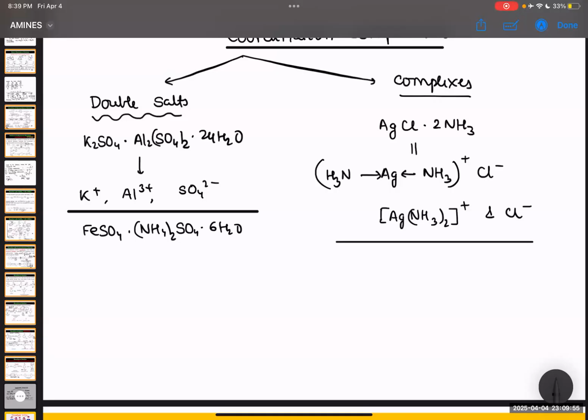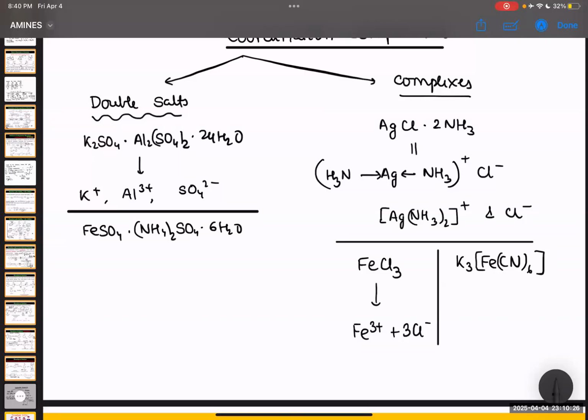For example, if you take FeCl3, FeCl3 is basically Fe3+. And if you take this, it is potassium ferricyanide.